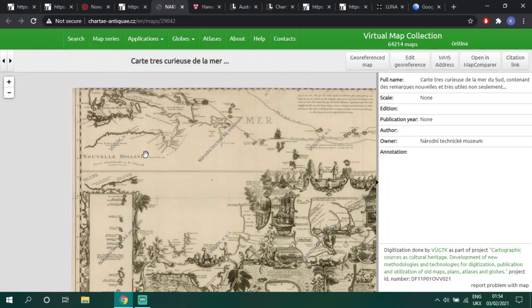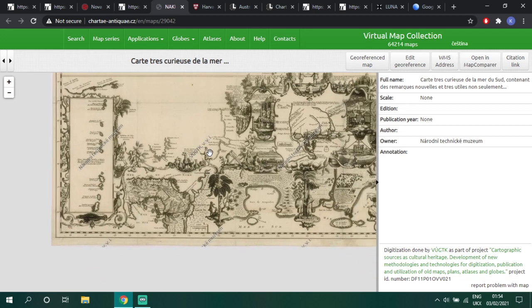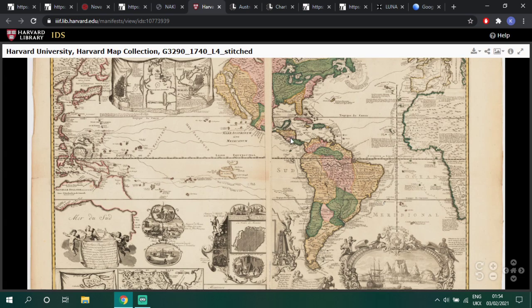So yeah, look, Australia, not really mapped. Next map. If it loads, here we go.